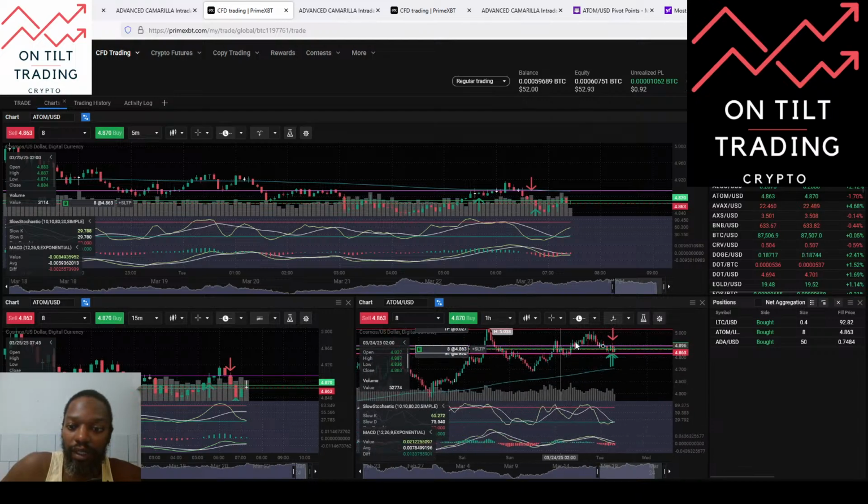There it is. So up here, this is the profit target. This is the R3 pivot up here. This would be my target.